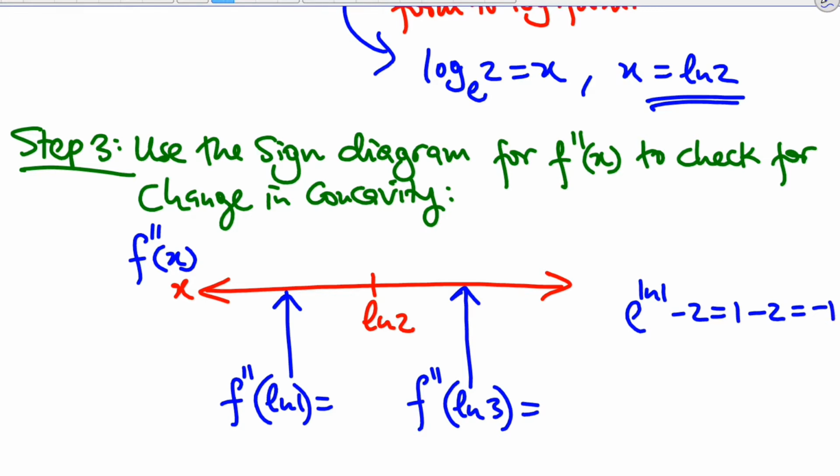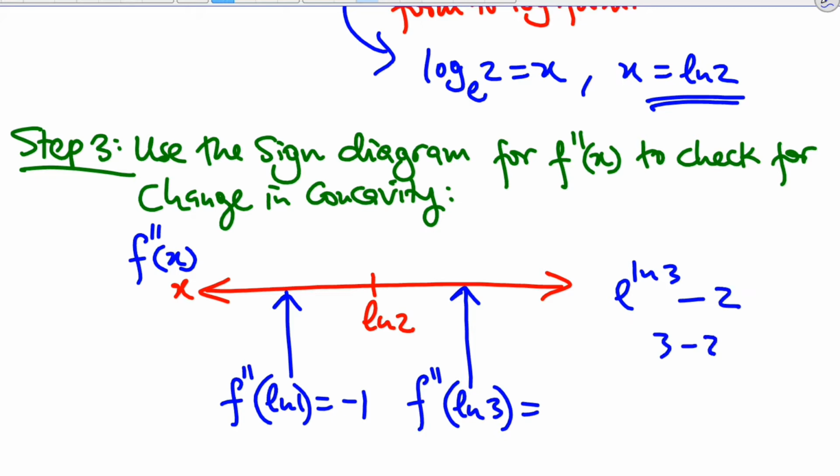Now from laws of logarithms, if you look at your formula booklet, this is the same as 1. So that will just be 1 minus 2, which will be negative 1. And this will be the same as e to power ln3 minus 2, which will be 3 minus 2, which will be equal to 1.